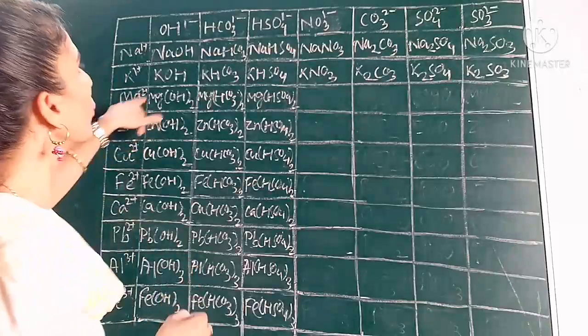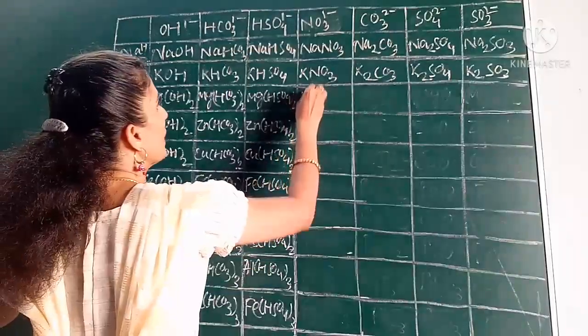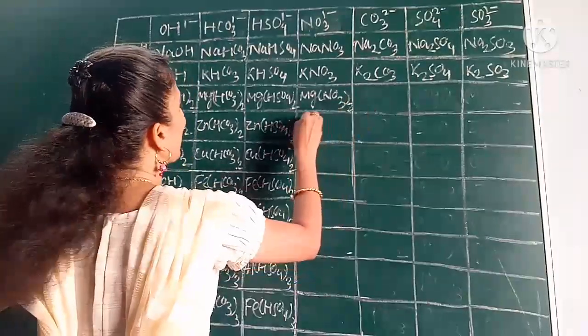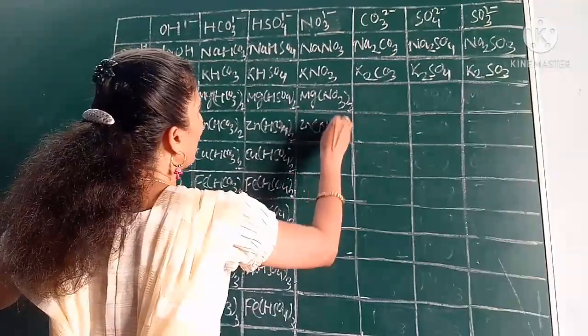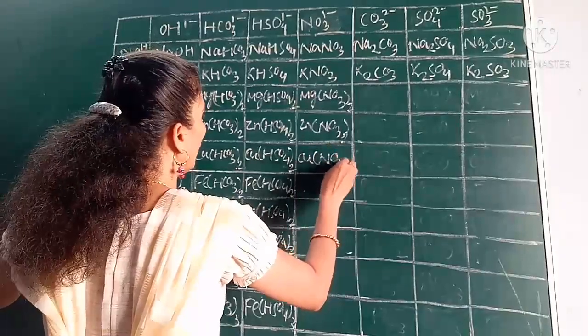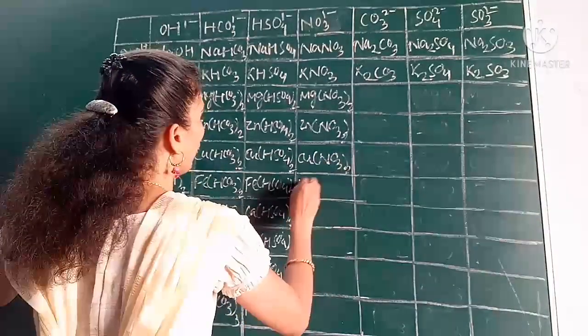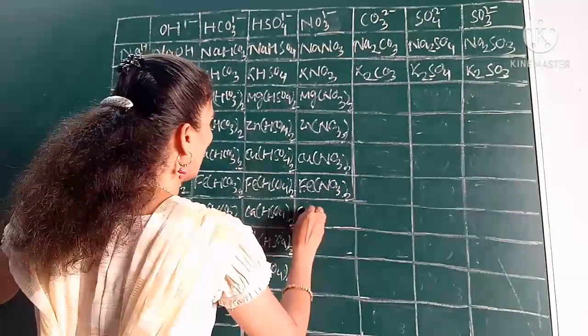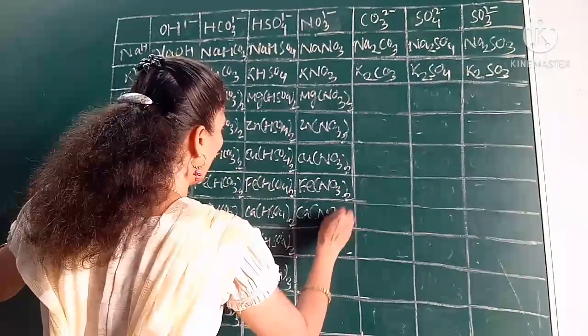So here 2 and here again 1. Mg(NO3)2. Then Zn(NO3)2. Cu(NO3)2. Fe(NO3)2. Ca(NO3)2.